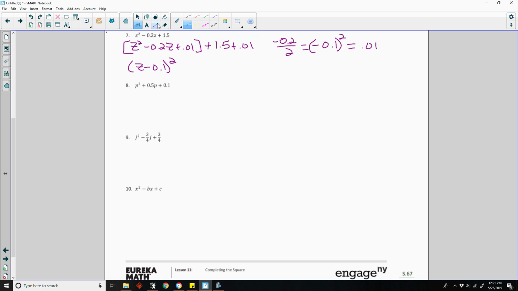If we're adding 0.01 to the inside, right here, we need to subtract 0.01 from out here. So I get z minus 0.1 squared, and then 1.5 minus 0.01 is plus 1.49.